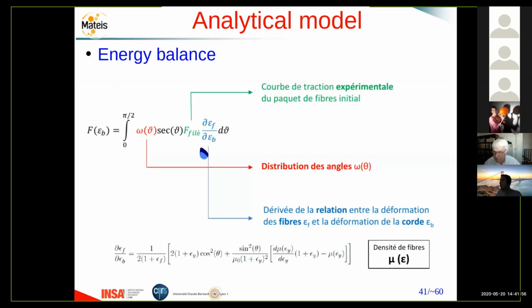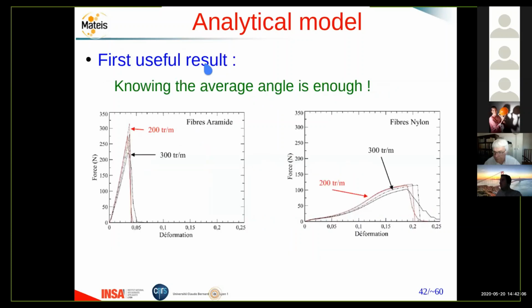Okay, so very quickly on the equations and move to the results. The first result is a bit, well, it's annoying for us. We've put a lot of effort to calculate complex angular distribution. And when we apply the model, we see that the average angle is enough to make a good prediction.